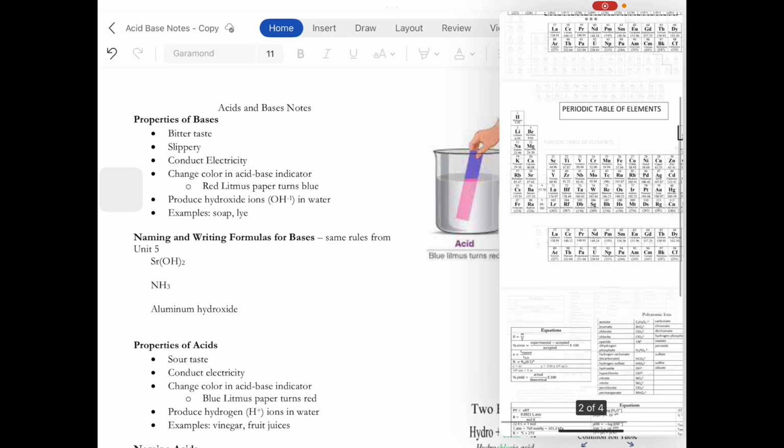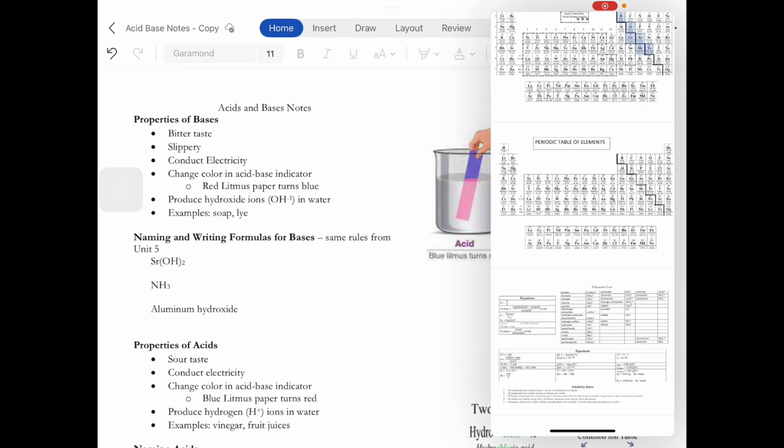And so I'm going to pull up a periodic table as well. So the first one is SrOH. These, for the most part, are ionic compounds, and so you just need to find Sr, name it, find OH, and name it.